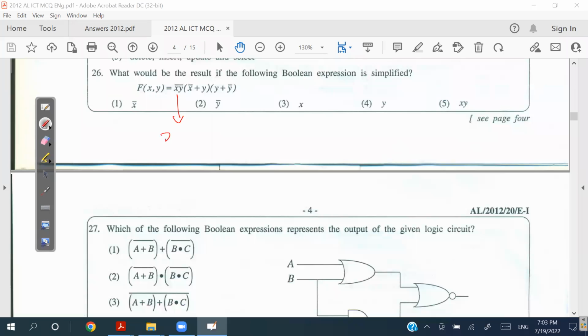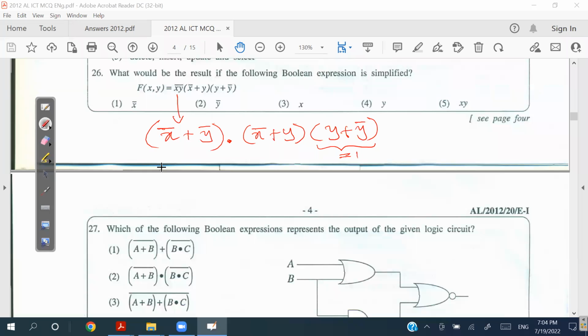X dot y bar, we can take it as x bar plus y bar, dot x bar plus y, plus y bar, and 1 plus y bar equals 1.